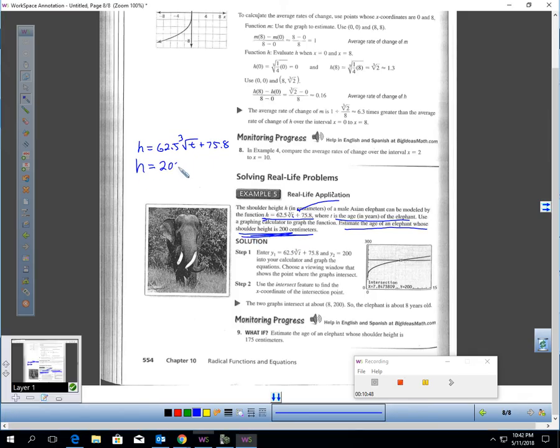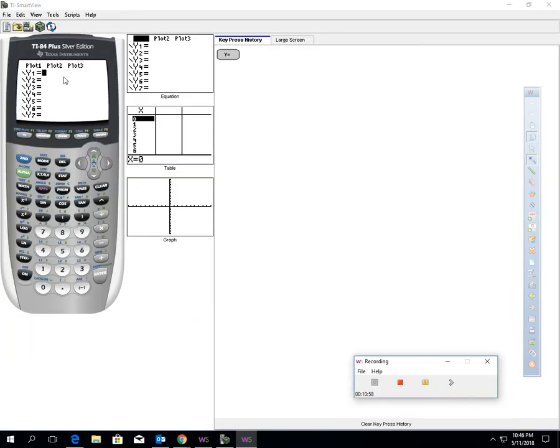Well, this should be pretty easy to solve using the intersect feature of our calculator, which you've done. So let's take our calculator out, and we're going to type in the function for the elephant. So that was 62.5. There's no cube root button on the screen. We have a square root. Here's how you get to cube root.